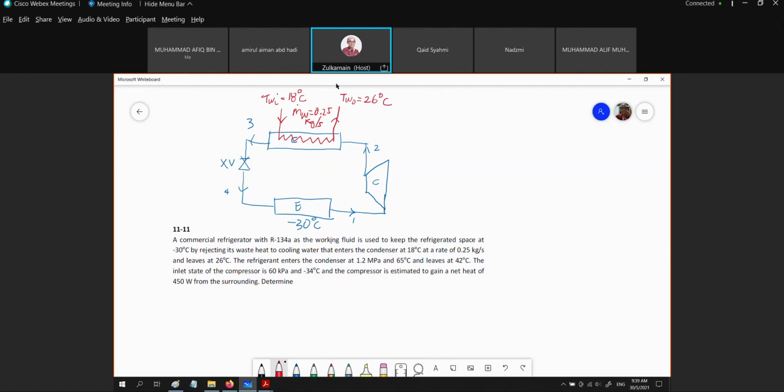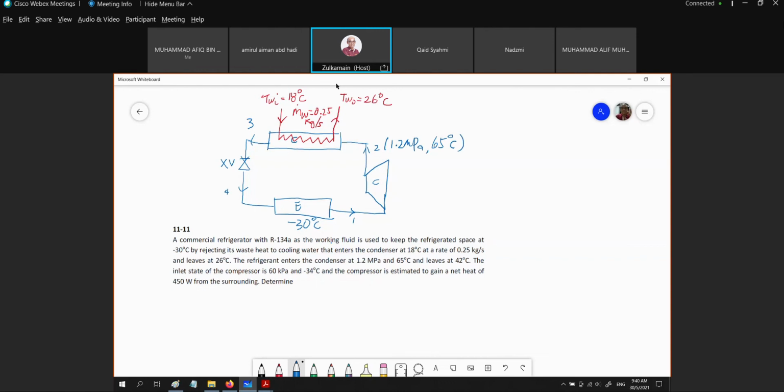The refrigerant enters the condenser at 1.2 MPa and the temperature is 65 degrees C. So that is state 2, enters the condenser, which is equivalent to the outlet of the compressor.